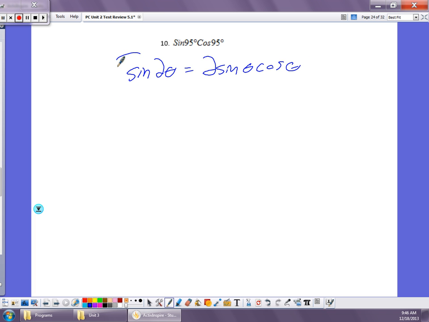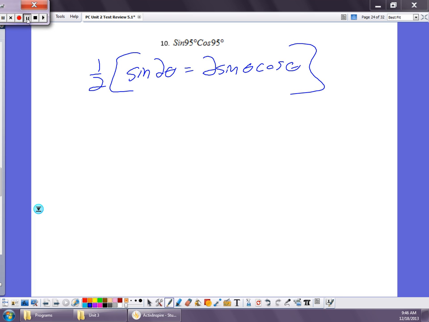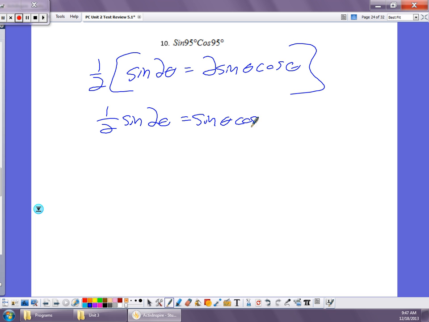So what do I have to multiply everything by to get back to here? 1/2. Right. So when you multiply by 1/2, you have to multiply your identity by 1/2. So 1/2 sine 2 theta equals sine theta cosine theta. This 1/2 goes on the outside.